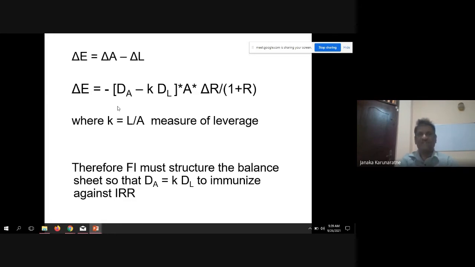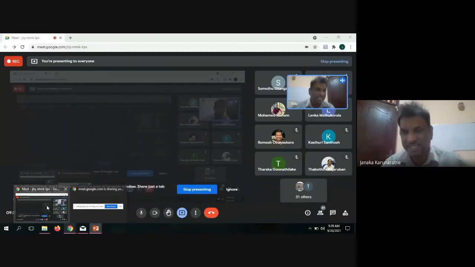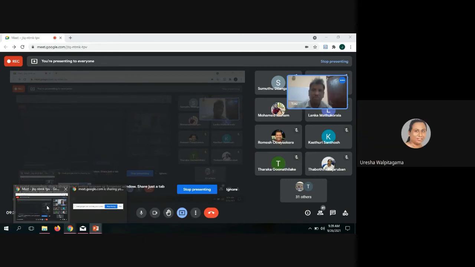Can someone tell? As risk managers, what is our ultimate objective on all this exercise? What is your final objective? Minimizing the risk of the bank portfolio.